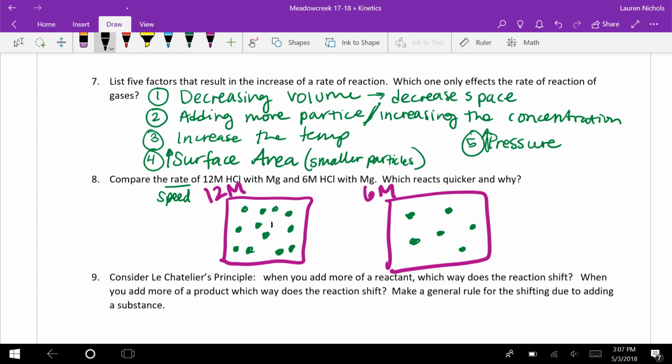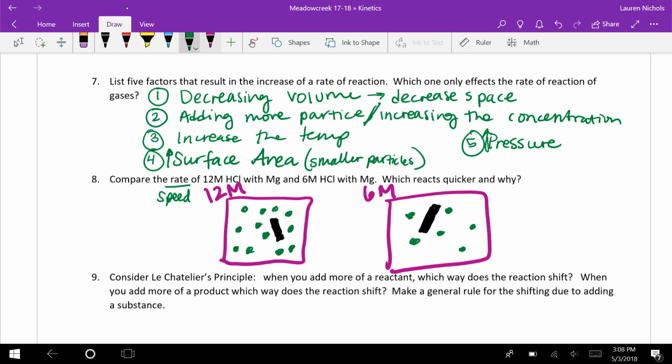And I just add a strip of magnesium in there. This is going to be my strip of magnesium. It's all a solid. Just add it in there. Okay. Which one is going to have more collisions and therefore react more? Well, the one with 12. There's 12 dots. It can collide with the magnesium strip a lot more than the one with only 6.